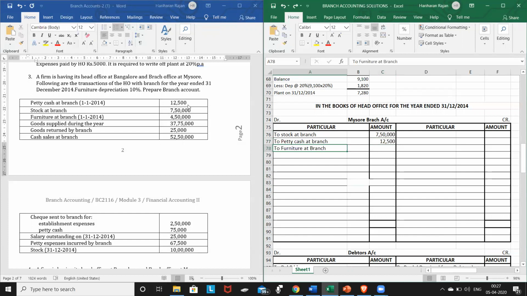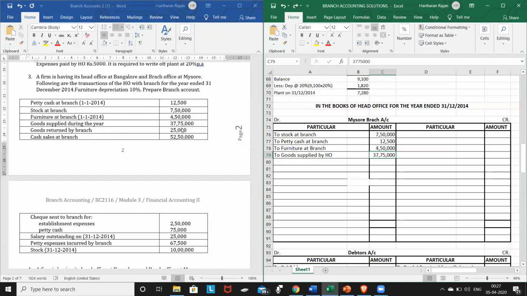Next, furniture opening balance 4,50,000. Goods supplied during the year 37 lakhs 75,000. Is there any return related to it?